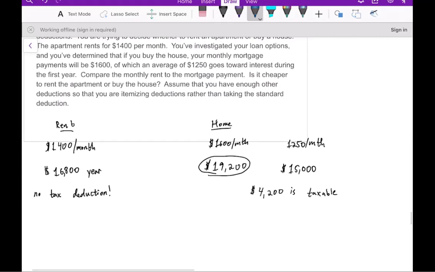Now, if you were to itemize deductions, this, of course, is more than the $2,400 extra that you would pay, right? So this is actually going to be the cheaper option, at least in the first year. And it's because of that mortgage interest deduction, right? So that's exactly what's going on right there.